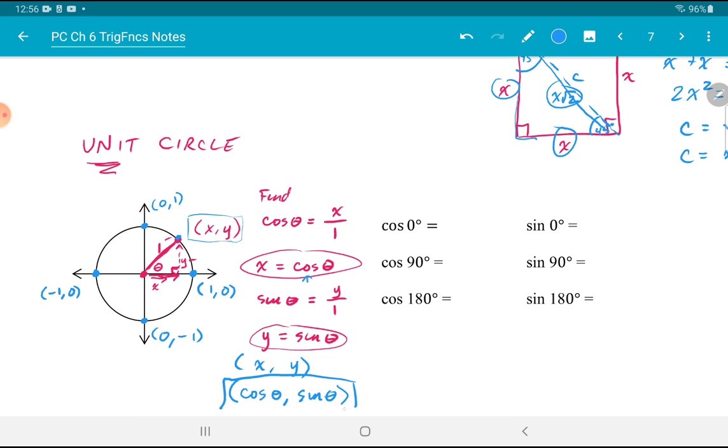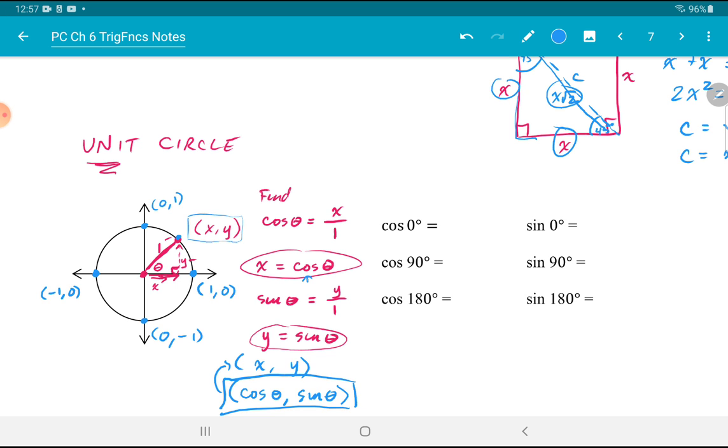So cosine theta, sine theta is another way of representing the ordered pair x, y, but using angle measures instead of lengths along the unit circle. A very powerful technique that we'll use a lot more as we go on through the trig units.